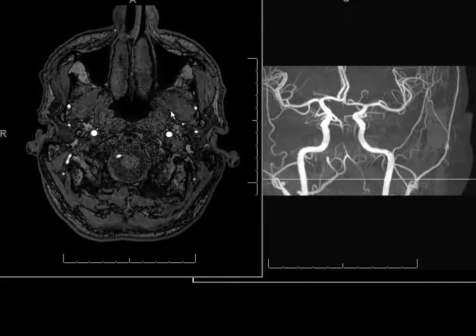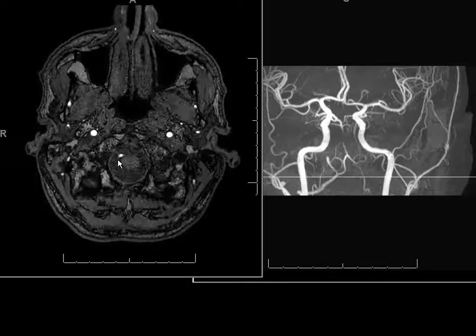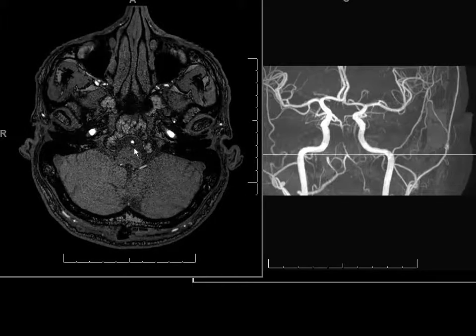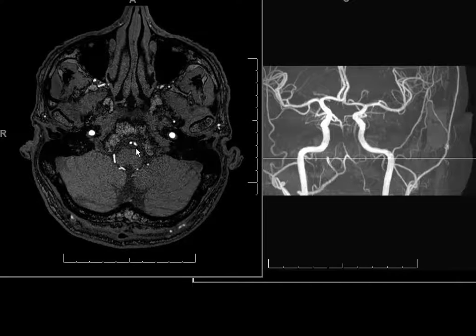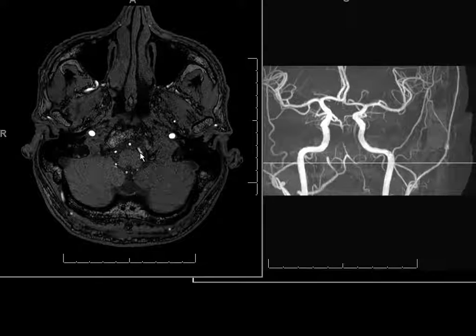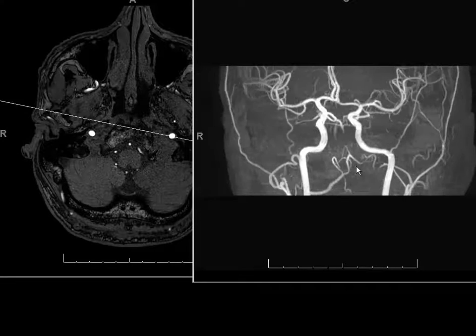So this is an MR angiogram from 3T that showed the right side vertebral artery with normal flow. On the left side vertebral artery, only the most upper part has blood flow, and the posterior inferior cerebral artery originates from this distal left vertebral artery.